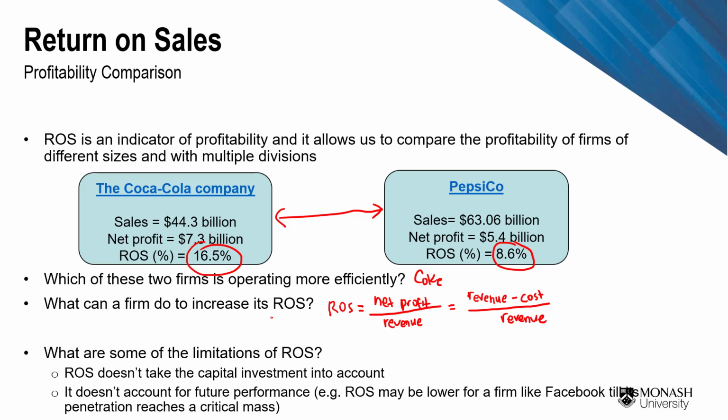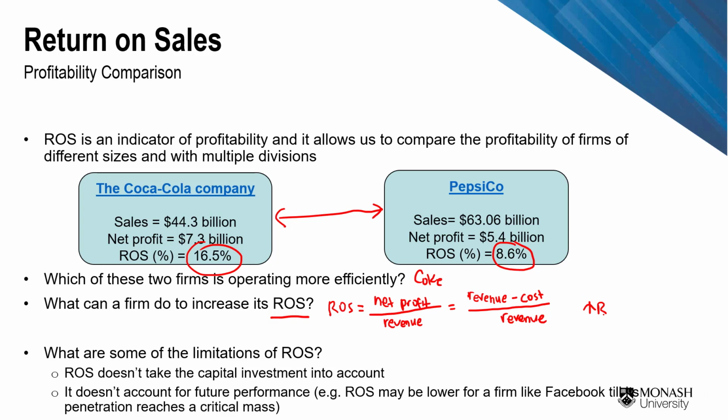To increase its ROS, there are two ways of doing it. First, you increase your revenue. If you increase your revenue, then obviously, great, you're increasing your ROS, given that costs are stable.